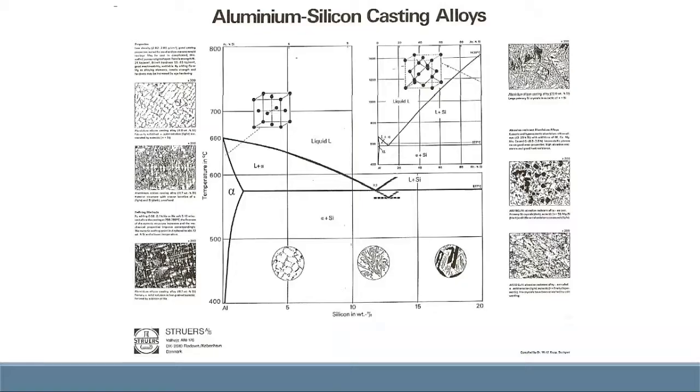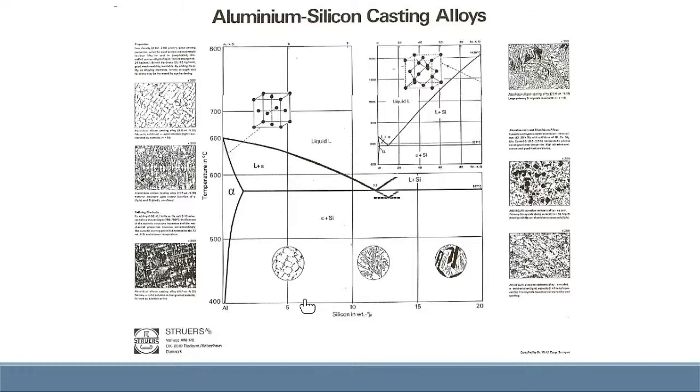So going to the phase diagram, looking at what you see on the screen, there are a variety of aluminum phase diagrams. Just looking at one particular element here, silicon, you can have an aluminum copper phase diagram, an aluminum magnesium, an aluminum manganese phase diagram, and they're all going to be different.